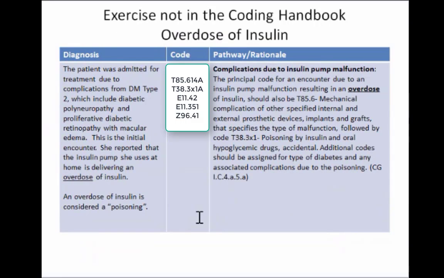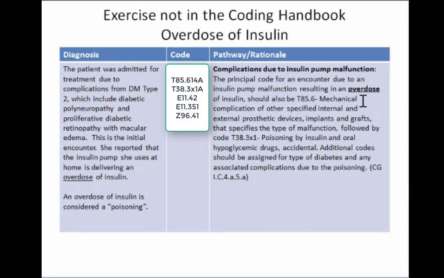Then here's the same case, the very same case, the same diabetes, only this time an overdose of insulin is considered a poisoning. Underdosing is when she's not getting what was prescribed. Overdosing is when she's getting more than prescribed, and that overdose is considered a poisoning.